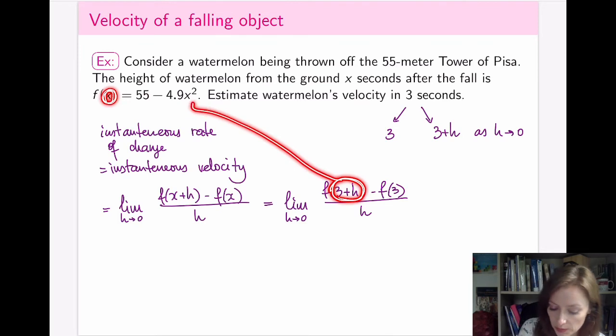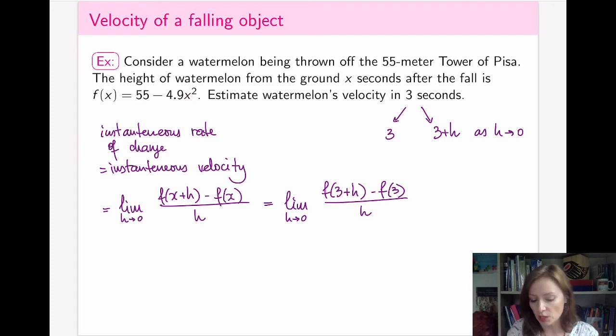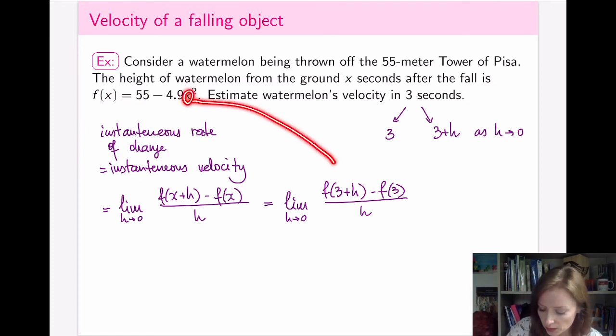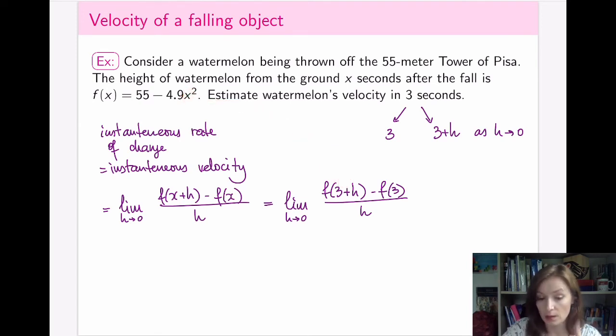So this 3 plus h will go everywhere x was, okay? Everywhere. So it's going to replace this x directly, not be 3 plus h otherwise, but this x will get replaced by 3 plus h. Pause here for a second and try to see if you're going to actually do this correctly, okay? So take a second here and try to plug this in for yourself, okay?